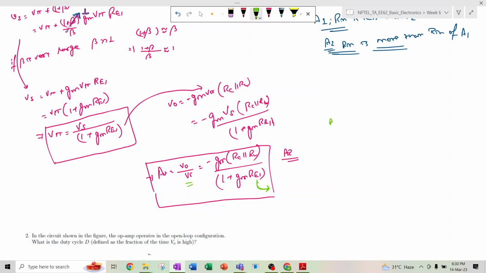But in case of A1, RE1 is equal to 0, because the entire resistance is bypassed by the bypass capacitor. So if RE1 equals 0, then AV, that is V0 by Vs, is nothing but minus GM RC parallel RL, right?